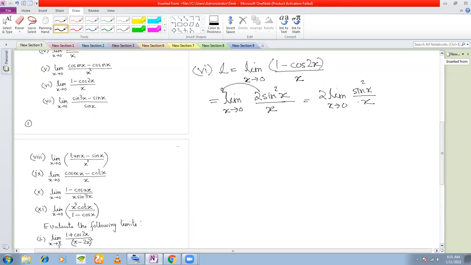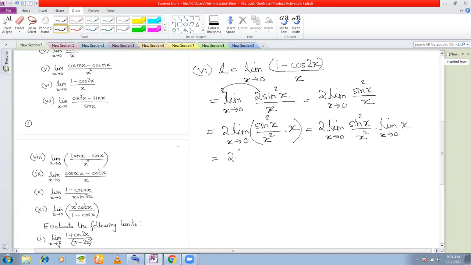Now you see, in the numerator you have a sine square, but in the denominator you don't have a square, you simply only have an x, right? So what you do here is sine square x, you make this x into an x square. So what is the extra factor that you have multiplied the denominator by? X. That means you have to multiply this fraction by x also, right? That means this becomes twice limit x tends to 0 sine square x by x square into limit x tends to 0 x.